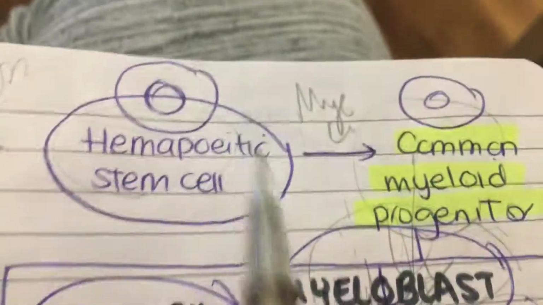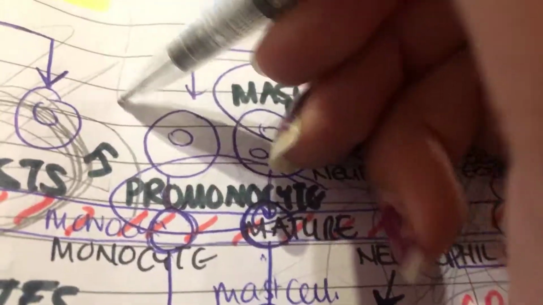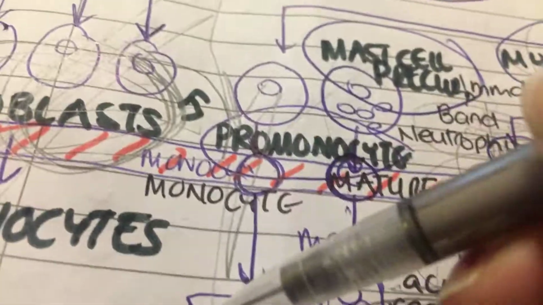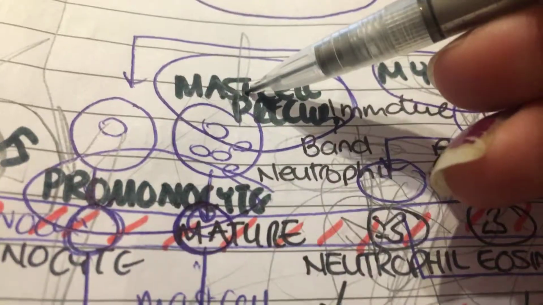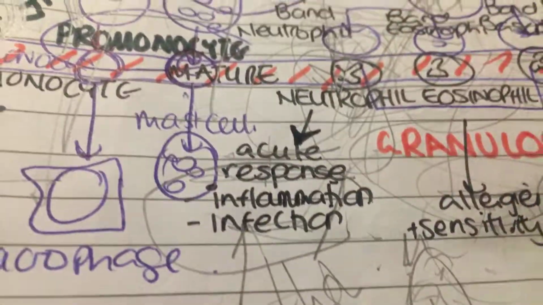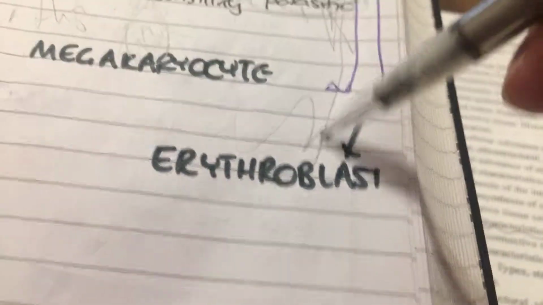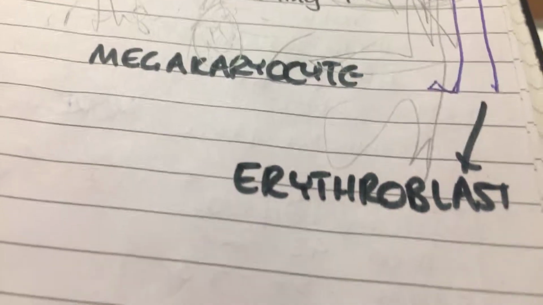Now, the common myeloid progenitor can also produce a pro-monocyte, which then gives us a monocyte, or a mast cell precursor, which then gives us a mast cell. Easy peasy. And then the common myeloid progenitor can also give us an erythroblast or a megakaryocyte. Those are two different pathways.